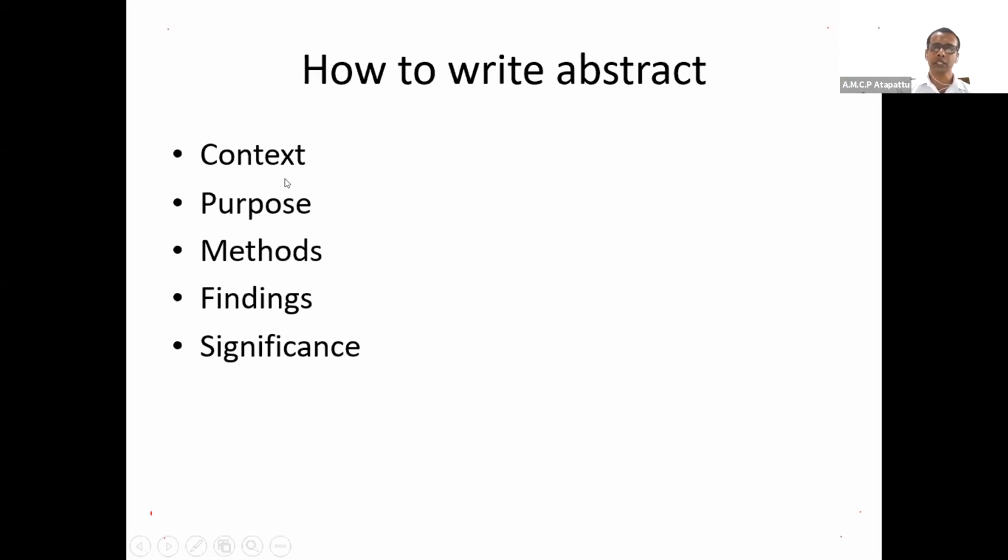Now, context means, with regard to your study, what is the existing knowledge that you have? That is the context, existing knowledge with regard to your study. If you are doing a study with regard to technology, what is the existing knowledge? Then that is the context. You need to write it.